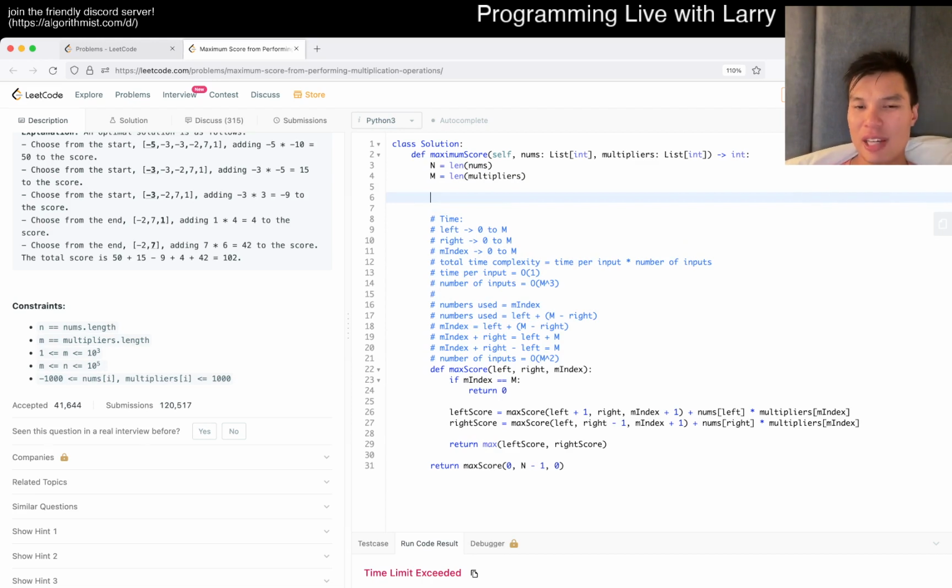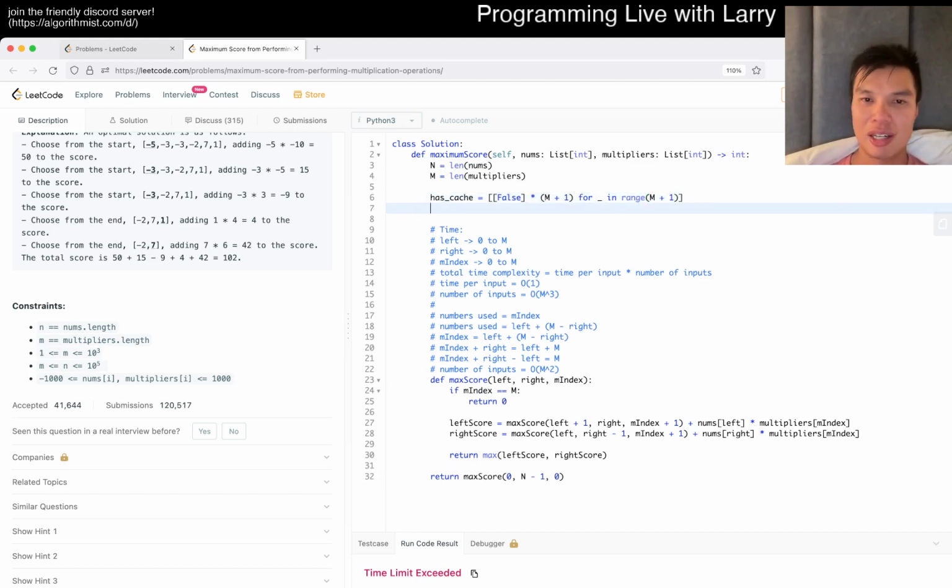Now let's say we keep track of left and m index just because they're easier to use. So then we have cache equal to has cache times m plus 1 for m plus 1, and then cache is just equal to, I don't know, None, right? Just set it.